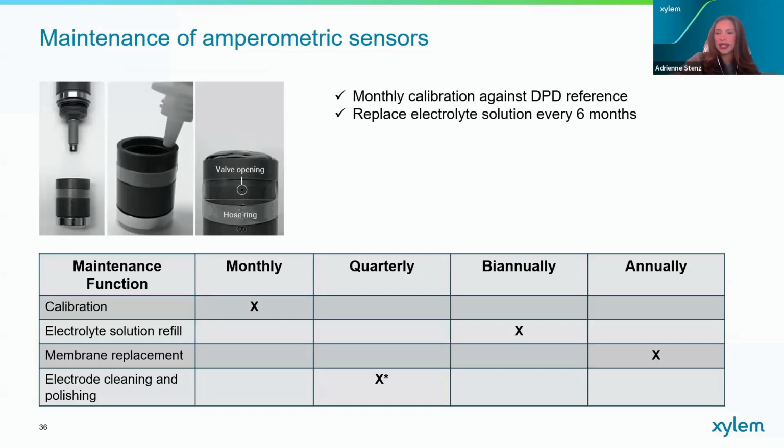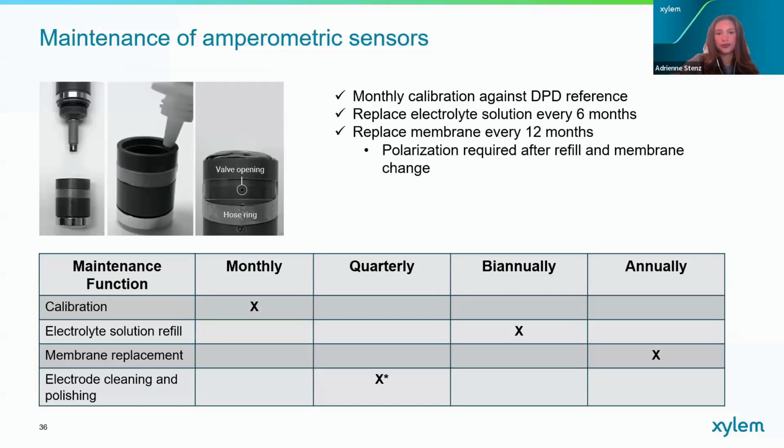Every 6 months, the sensor's electrolyte solution must be refilled, which is shown on this picture on the left. This keeps the internal chemistry stable and cannot be allowed to dry out. Every 12 months, the membrane cap should be replaced. Over time, these membranes can foul, stretch, or lose performance.